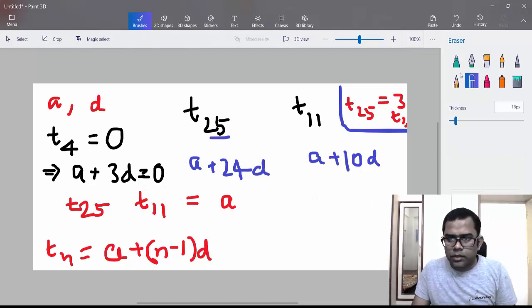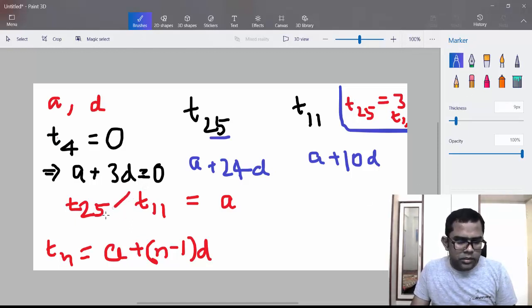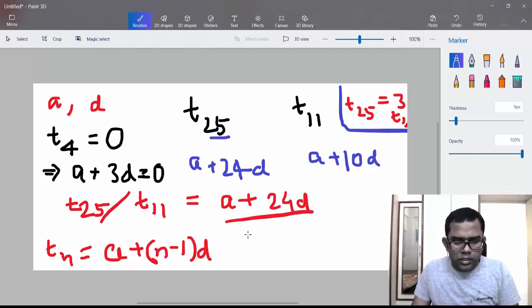T25 divided by T11 is A plus 24D divided by A plus 10D.